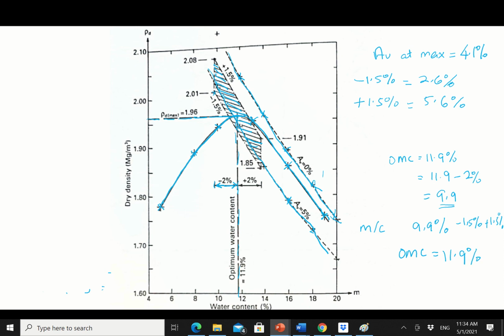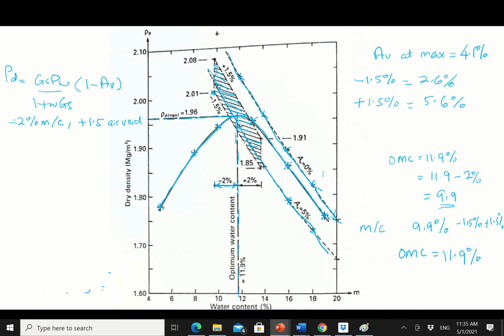We need this data because next, to find the dry density for the field condition, you need to use this equation, dry density equals Gs rho W over 1 plus w Gs, times 1 minus air void. So right now, I am considering minus 2% moisture content at plus 1.5% air void.